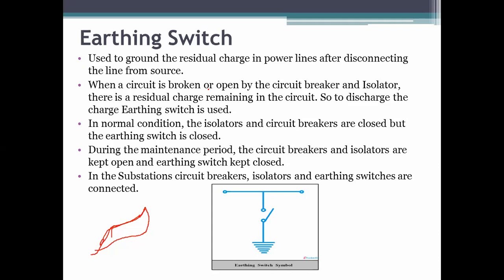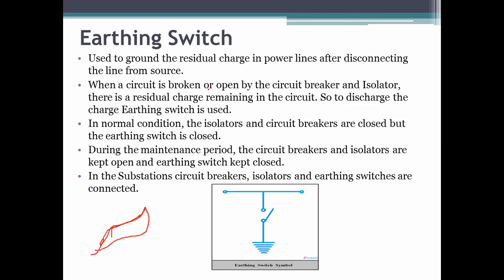So when a circuit is broken or opened by the circuit breaker and isolator, there is residual charge remaining in the circuit. When we disconnect or open the circuit breaker, it is nothing but the two contacts getting open, meaning we are isolating something.